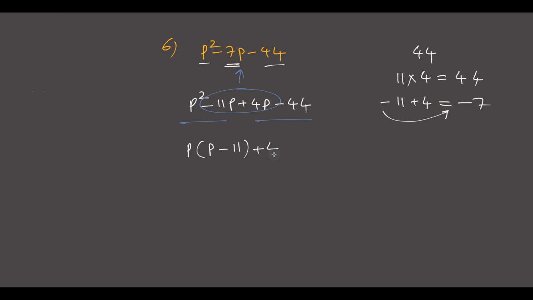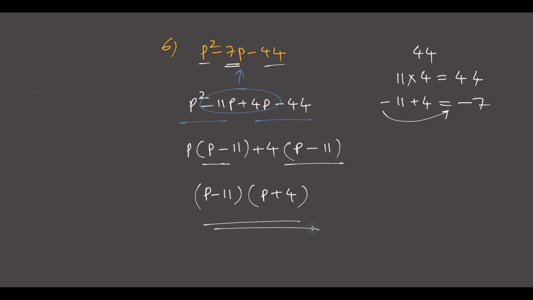This is again plus 4, because we have to get the answer like this. So this 4 is cancelled, the remaining is p, and 44 divided by 4 is 11. Now this bracket we can take common, p minus 11, then we take this p plus 4. Now this is going to be the answer.